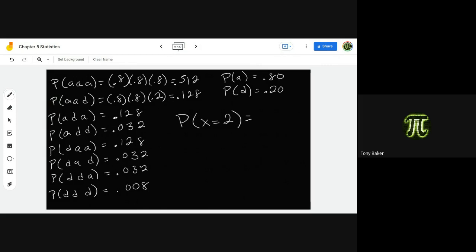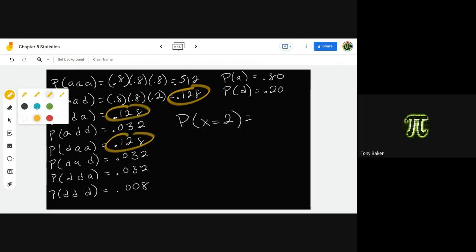We want the ones with 2 alive, so this one, and that one, and that one. We're going to add up those 3 numbers: 0.128 plus 0.128 plus 0.128, which is 0.384. So that's the probability that exactly 2 will be alive.